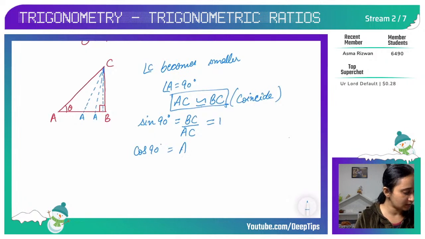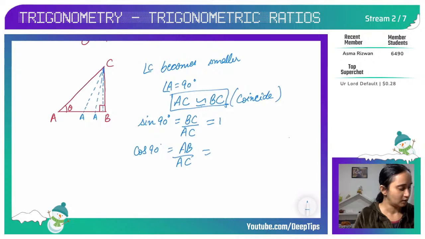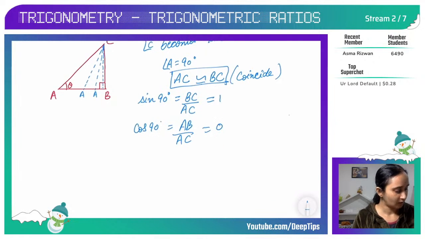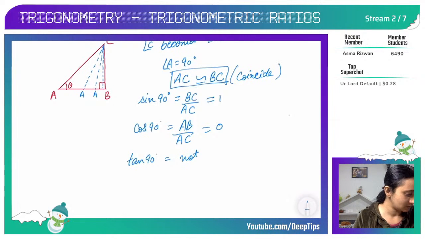My base is AB and my hypotenuse is AC. But in this case, AB has almost diminished because A becomes so big that the length of AB decreased to 0. So that's why cos 90 is 0. And tan 90 is sine upon cos, sine 90 upon cos 90, so 1 upon 0, which you cannot define, so it is not defined.